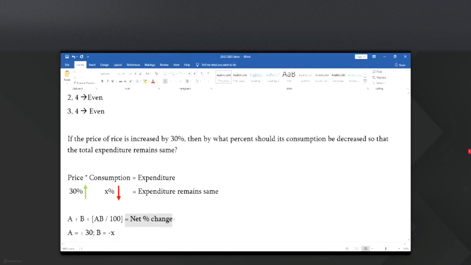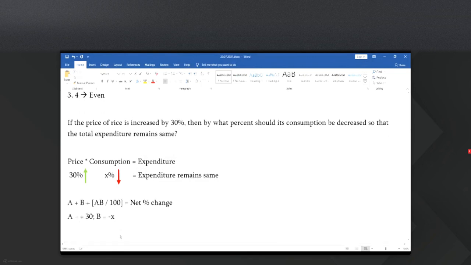The net change is 0 because expenditure remains the same. So this becomes 30 minus X minus 30X by 100 equal to 0.